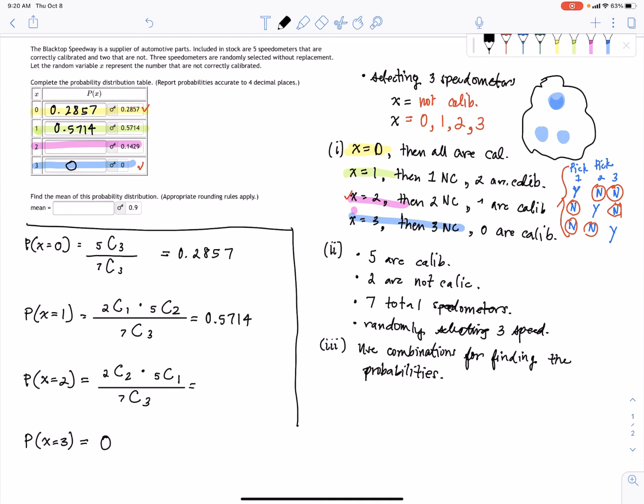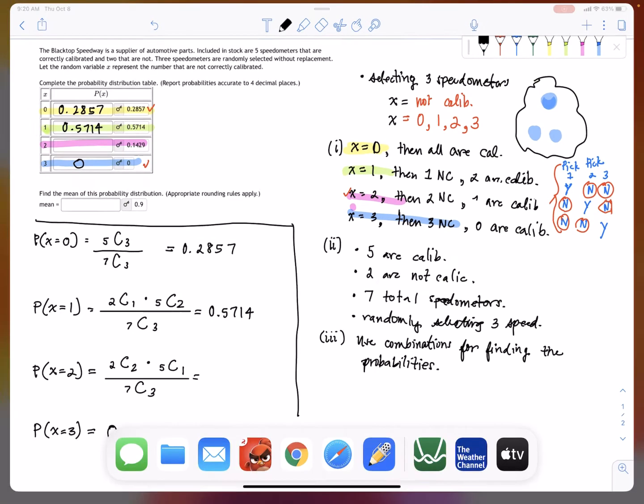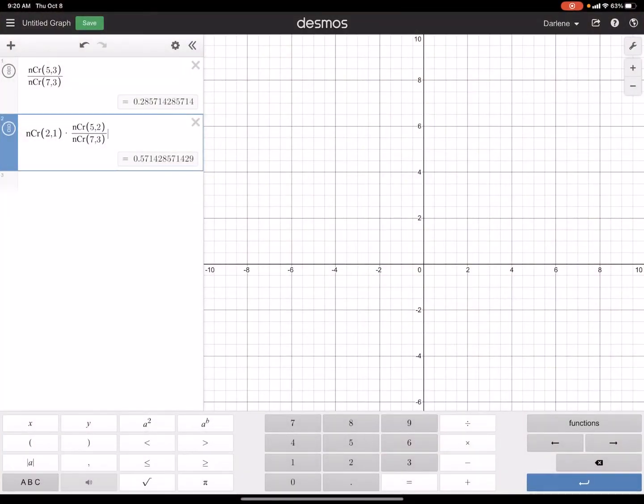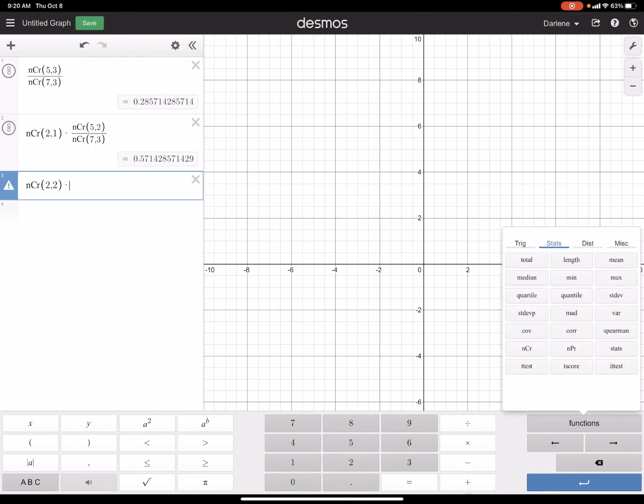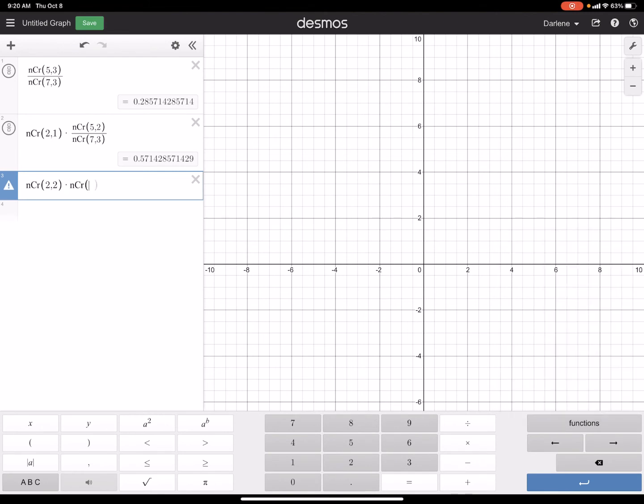Okay, the next one is when we choose all 2 non-calibrated with 1 calibrated. So let's go ahead and do that. Go to Function NCR. This is when we have 2 not calibrated, and we randomly select both of them. Times, go back to Functions NCR, that out of the 5, we're picking 1 that is calibrated.